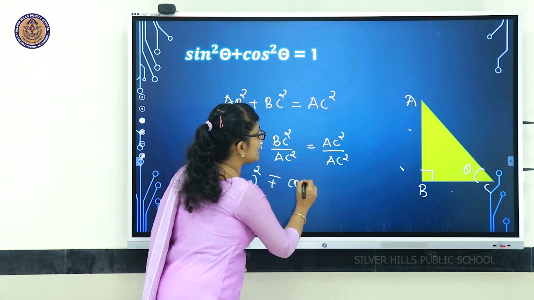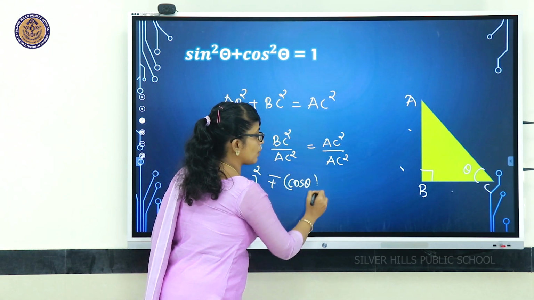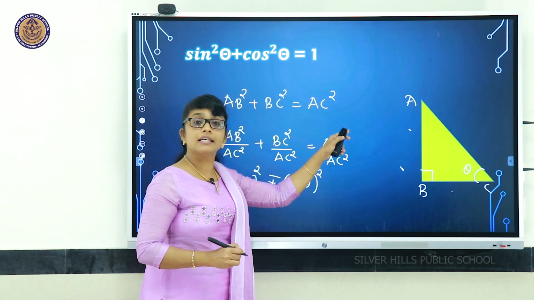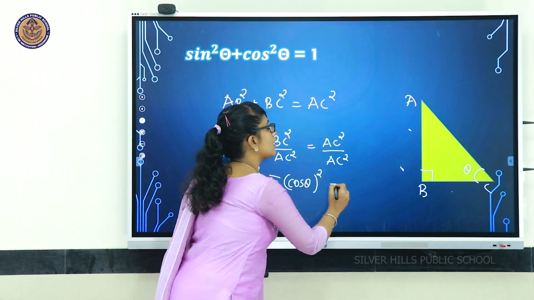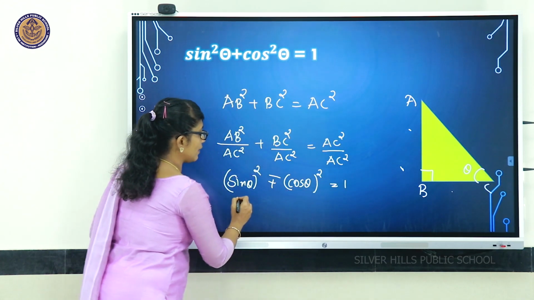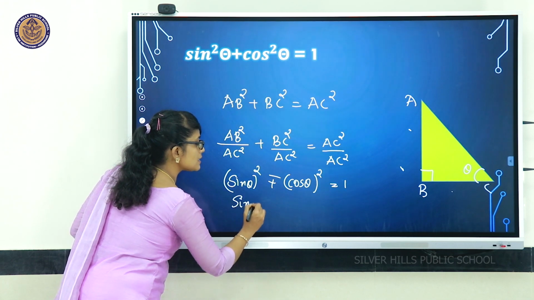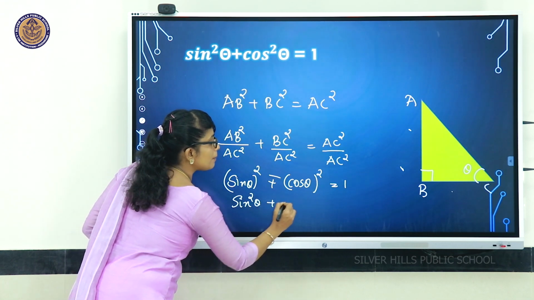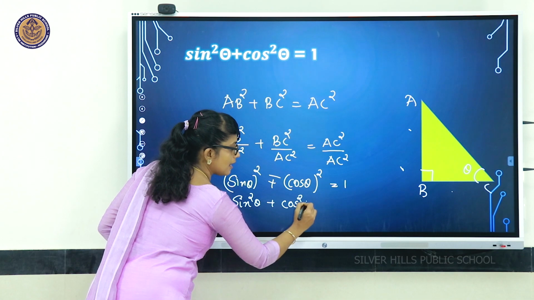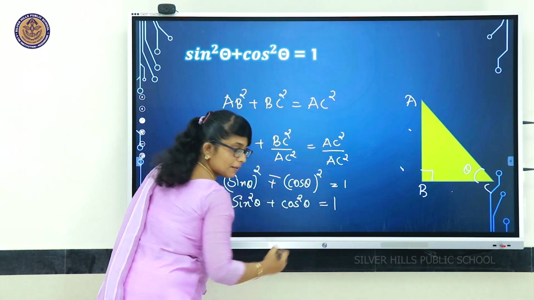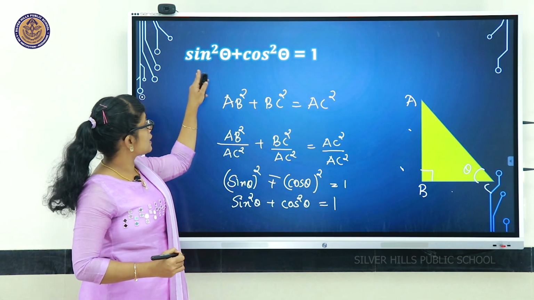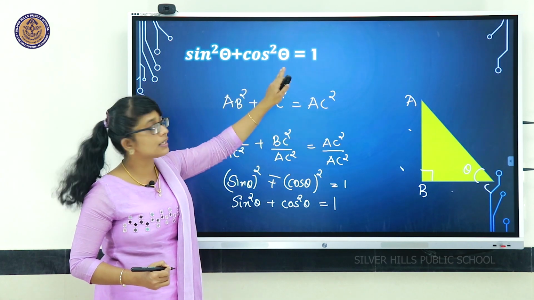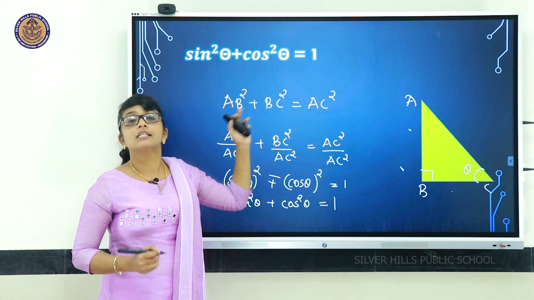So, we can write cos theta whole square. And here AC by AC is equal to 1. So, we can conclude sin square theta plus cos square theta equal to 1.